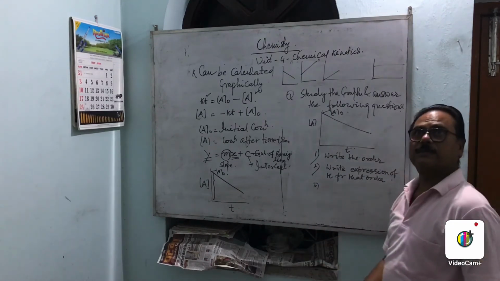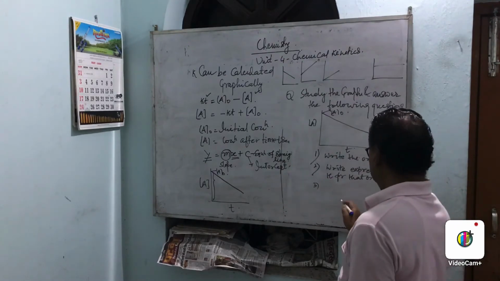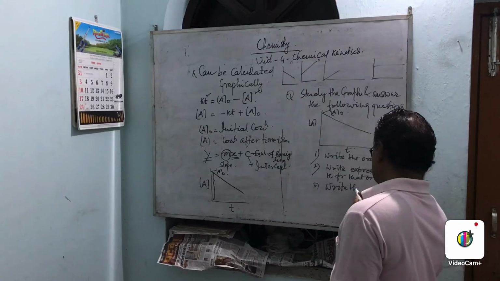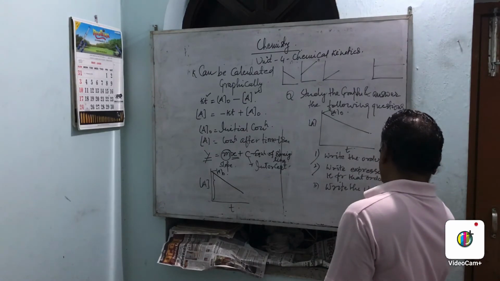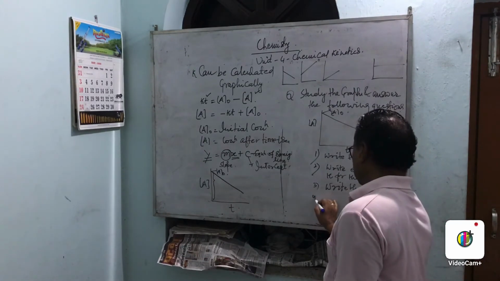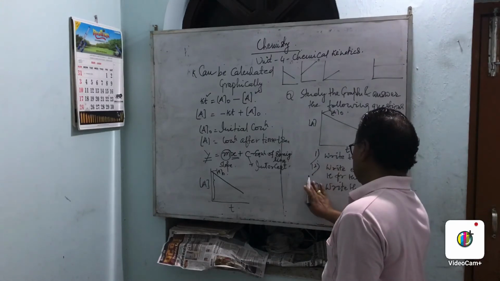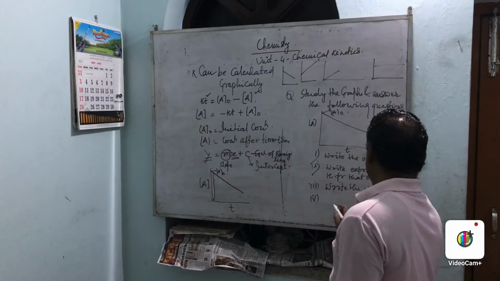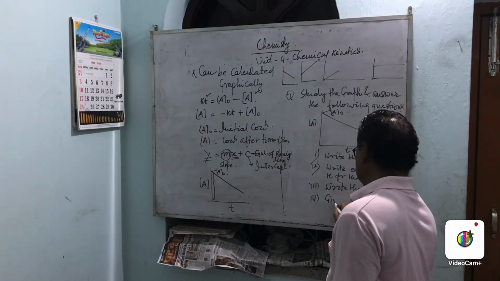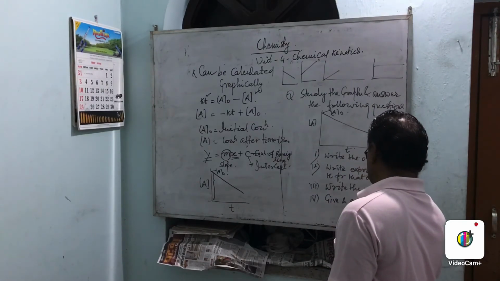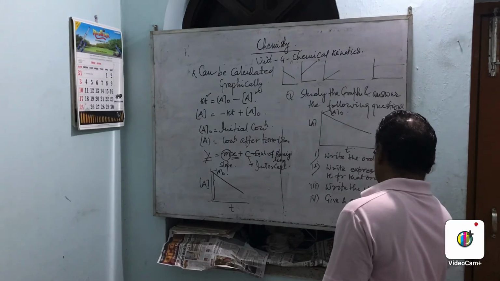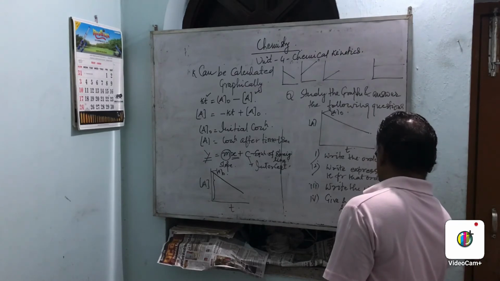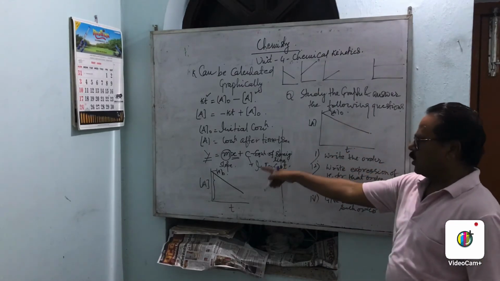Third, write the unit of K. And fourth question is, give an example of such an order.